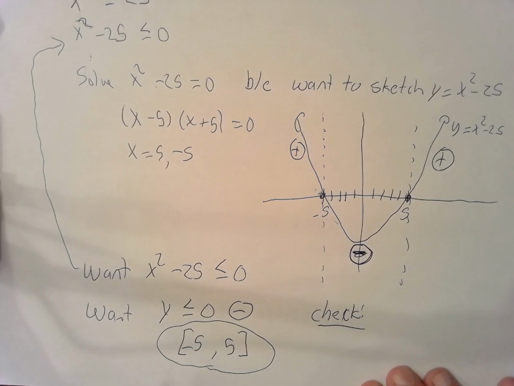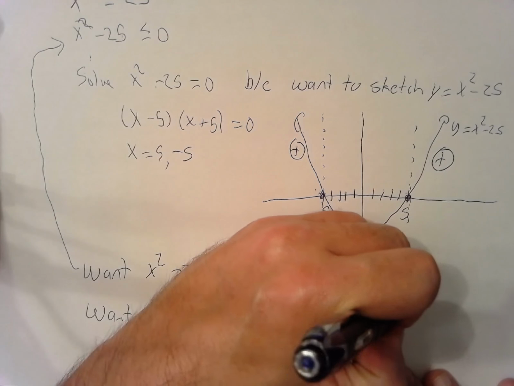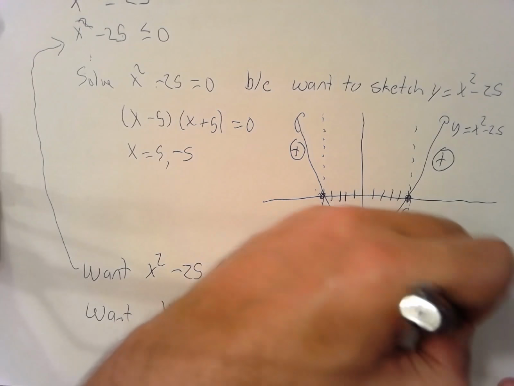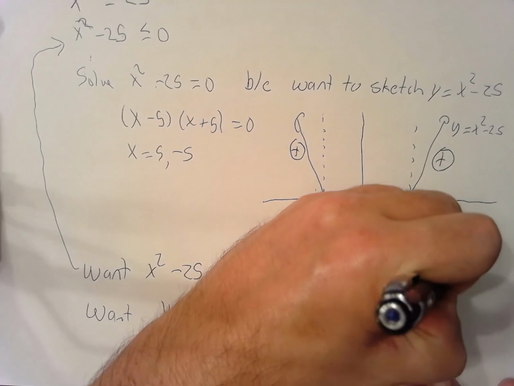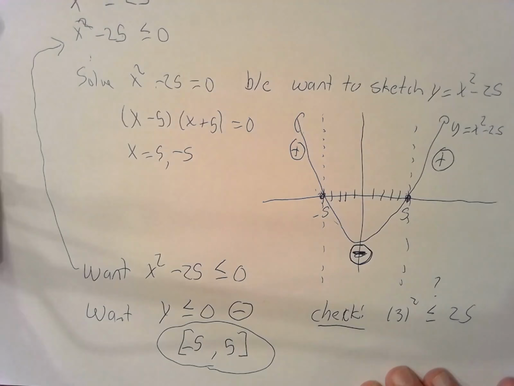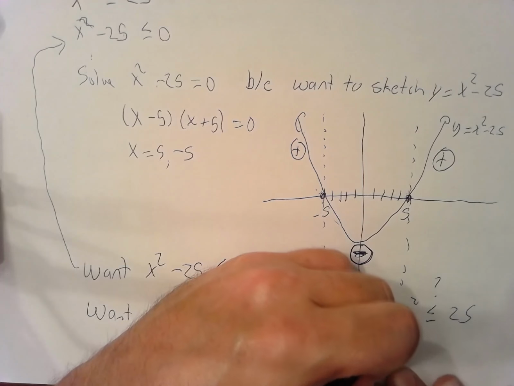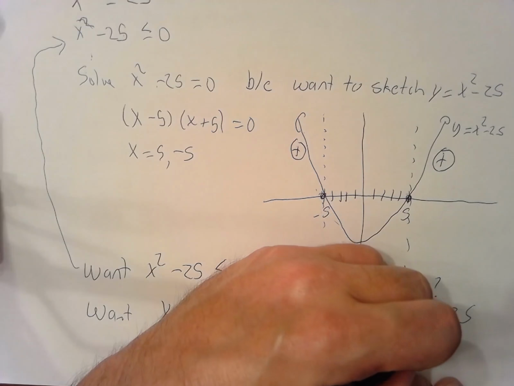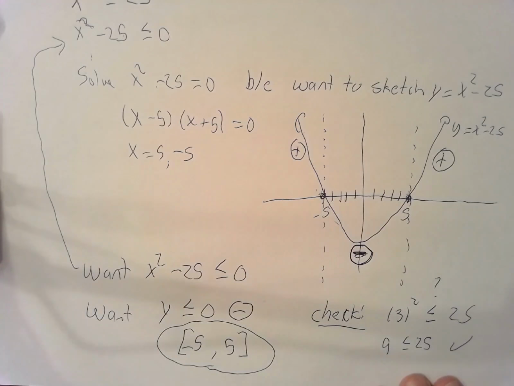Maybe we'll pick 3. 3's in this interval. So is 3 squared less than or equal to 25? 3 squared is 9. 9 is less than or equal to 25. Looks good.